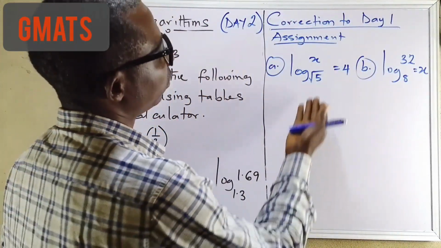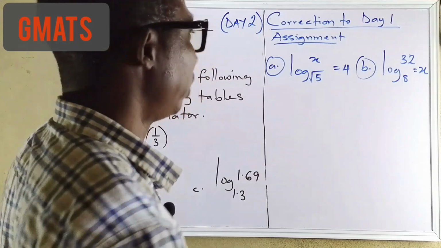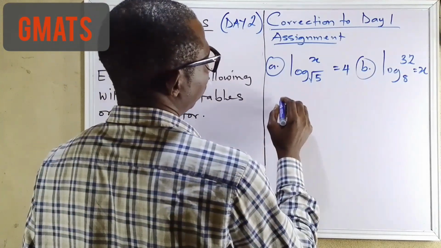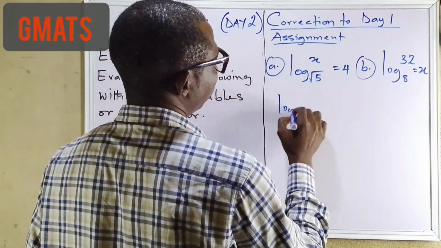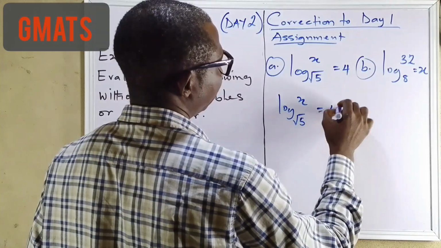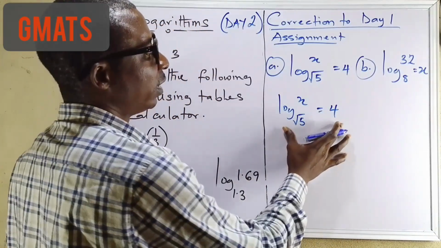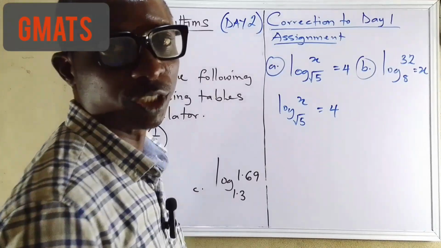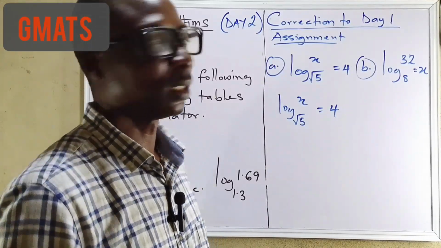You have to solve for x in the following questions. Now, you have log of x base square root of 5 equals 4. How do you solve this? This is a logarithmic equation, so you change it to index equation.